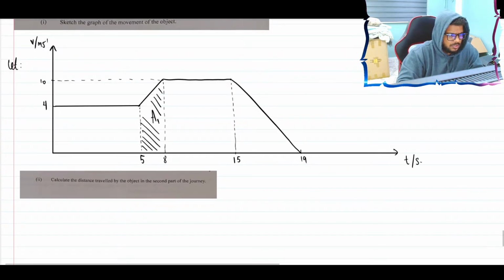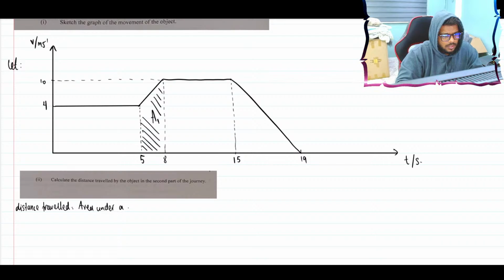So the distance traveled is equal to the area under a velocity time graph. For the second part of the journey, let me call it A2 now. We could call it anything we want. We could call it Bob if we want to.